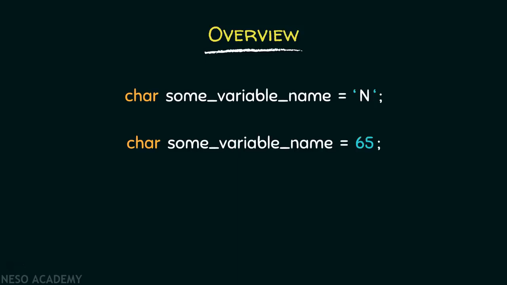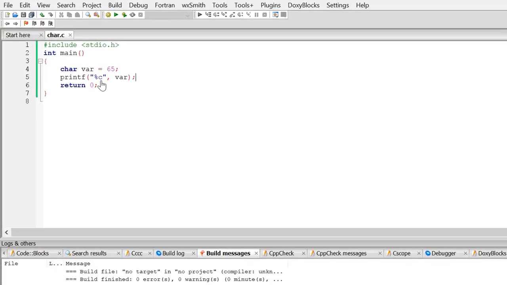When we try to print the contents of this variable, we get a character instead of an integer. And that totally depends on the format specifier we are using. Here is the code. Here we can see I have provided %c as a format specifier. If you put %d instead of %c, it will print the decimal value. But in this case, it will print a character.